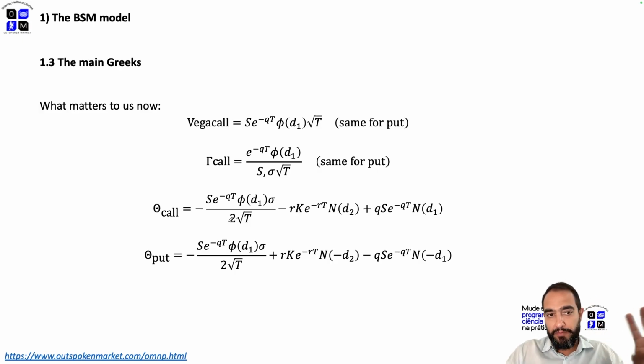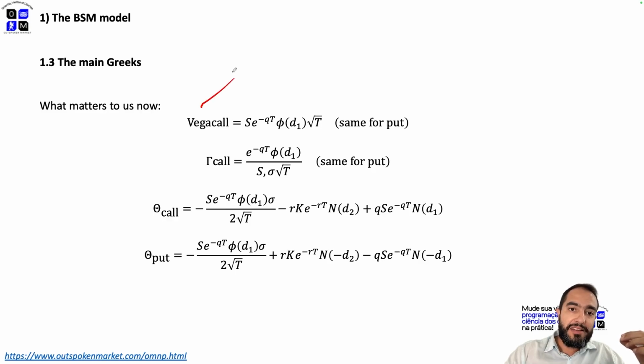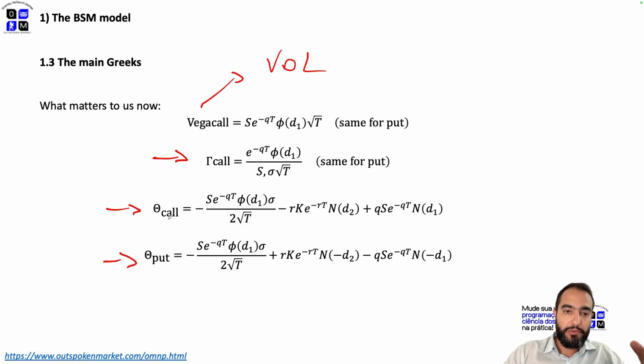Now, we have two of them essentially. Vega, that is not necessarily a Greek letter in this case, but we can say that this is the measure of the impact of the volatility on the option price itself. We have gamma, and then we have theta for the call and the put options.